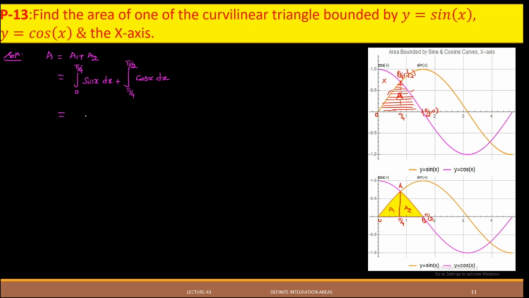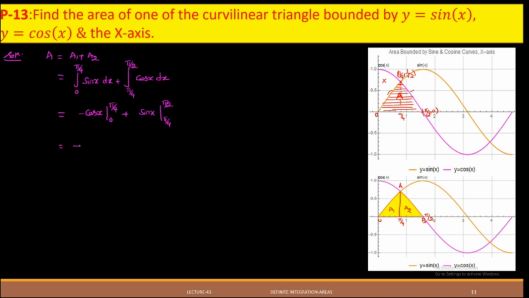Now integration of sin x is minus cos x, the limits are 0 to pi by 4, plus integration of cos x is sin x, and the limits are pi by 4 to pi by 2.